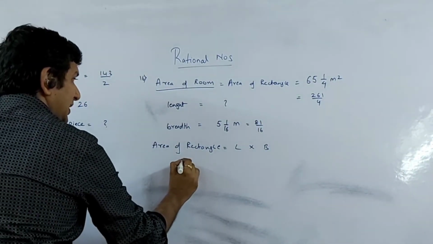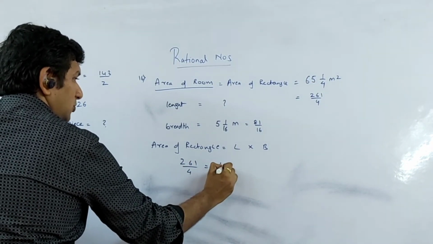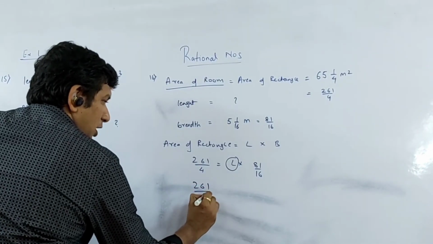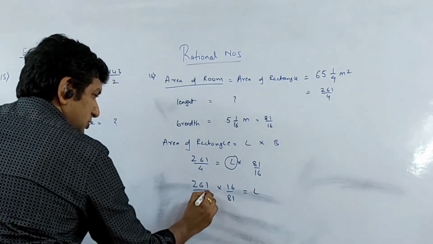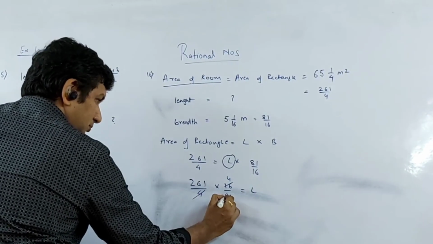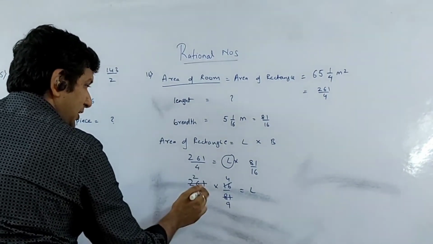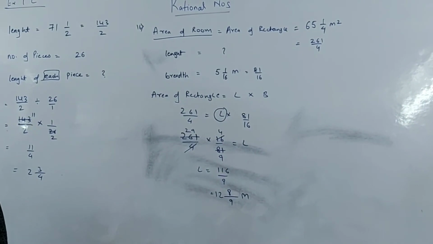So the area of the rectangle is 261 upon 4. Length is what we don't know, and the breadth is 81 upon 16. So 261 upon 4 into 16 upon 81 is the length. So 4 ones are 4, 4 fours are 16, 9 nines are 81, 9 twos are 18. This is the 16th sum of exercise C.